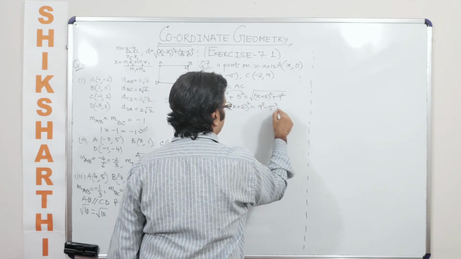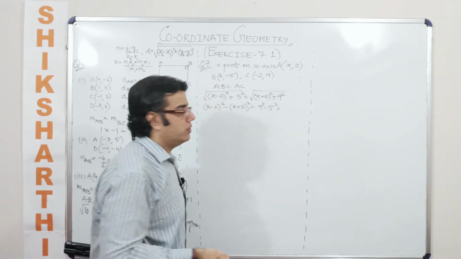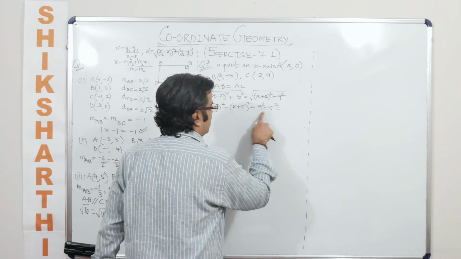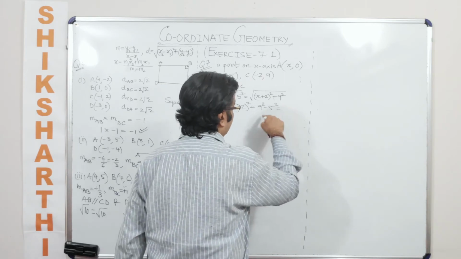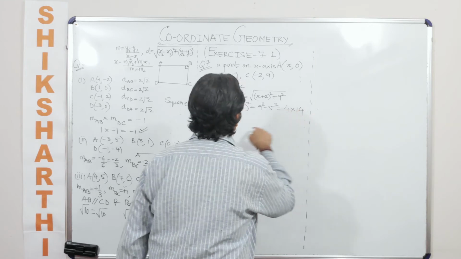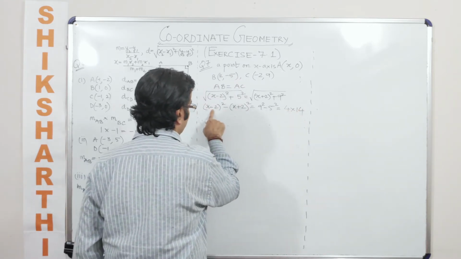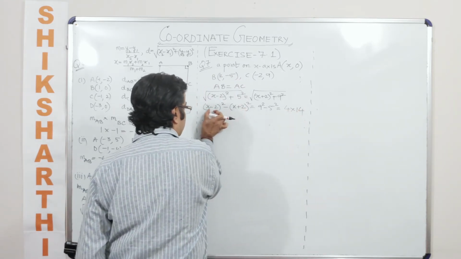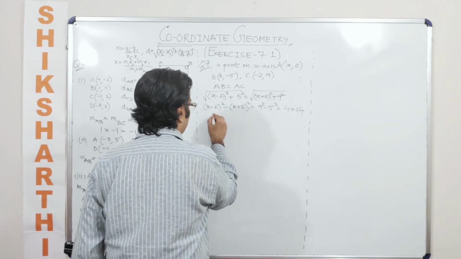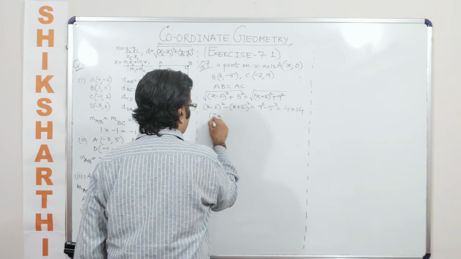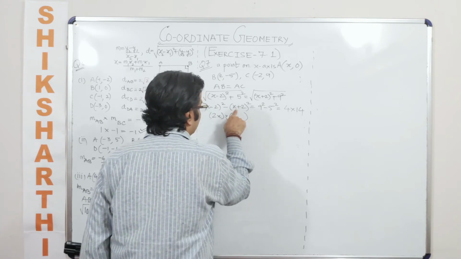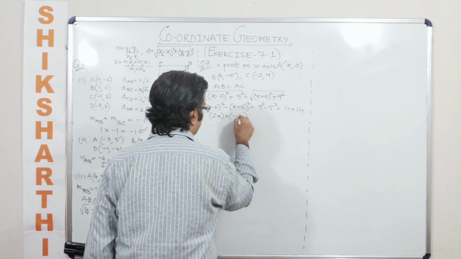Now 9 square minus 5 square, you can simply use the formula a square minus b square, which is nothing but (a minus b) into (a plus b). So 9 minus 5 is 4 and 9 plus 5 is 14. And the same formula you can use here. So once you subtract this from this and then you add, (x minus 2) plus (x plus 2) will give me 2x, into, once you subtract, (x minus 2) minus (x plus 2), which gives me minus 4.